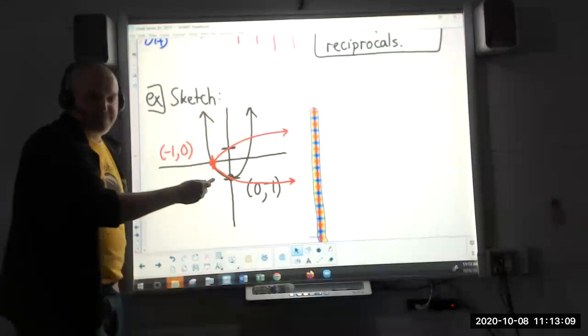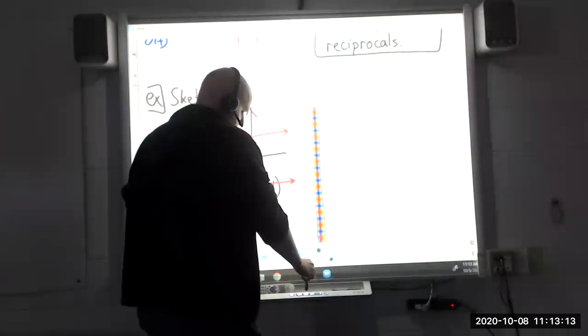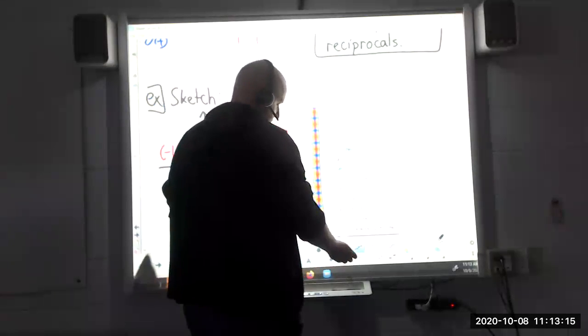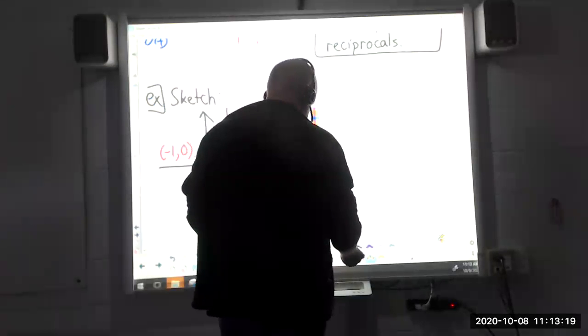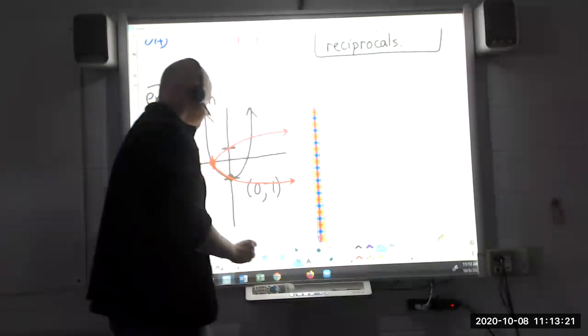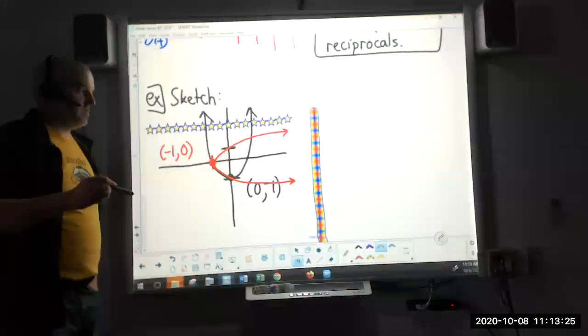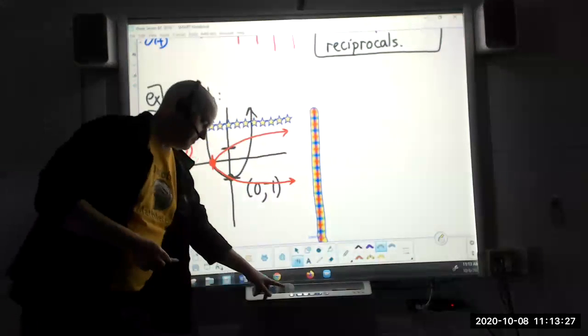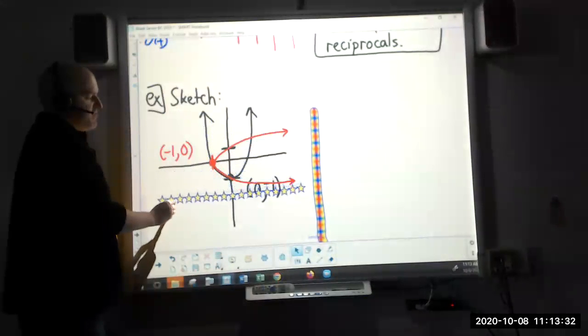How come? Because it fails the vertical line test. So we will talk more about this in detail in the future, but there is a thing called the horizontal line test. That is actually a test. Yes, that is a horizontal line of stars. You're welcome. That tells you whether or not a function is invertible.